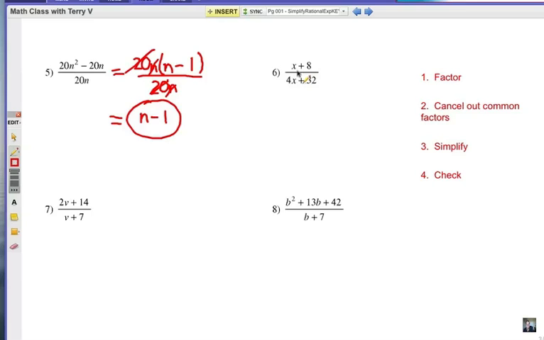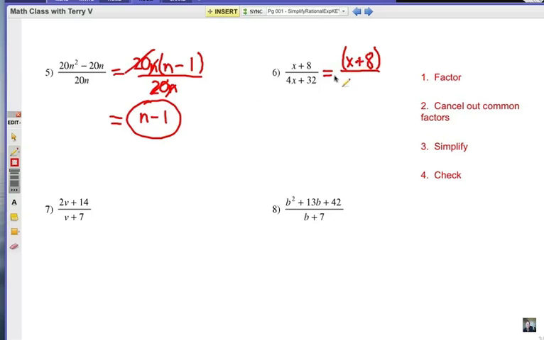All right, number 6, x plus 8 over something. Is there anything there we can factor out? Nope, it's going to stay exactly the same. Now at this point, here's a tip. Because these kinds of examples will have binomials and trinomials as possible factors, it's really not a bad idea to put parentheses around them now and then take them out at the end if it's my answer.